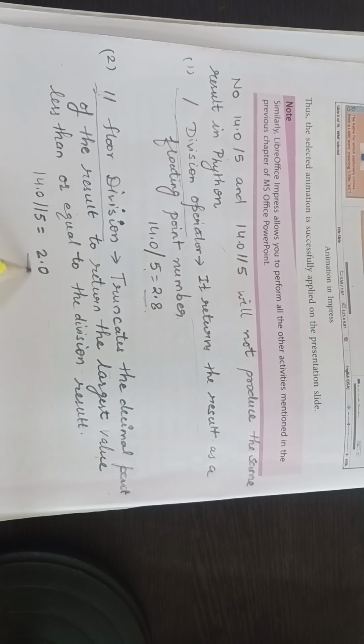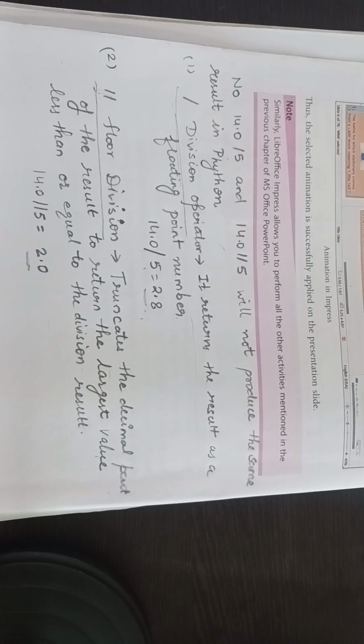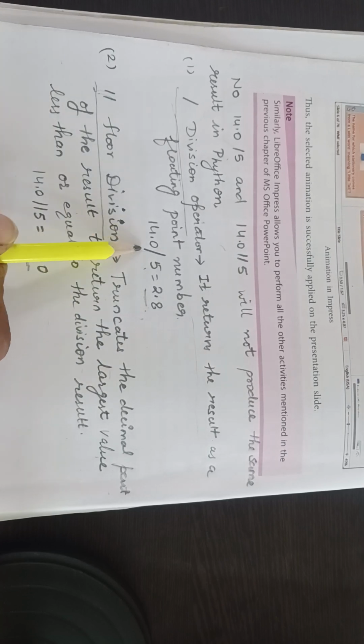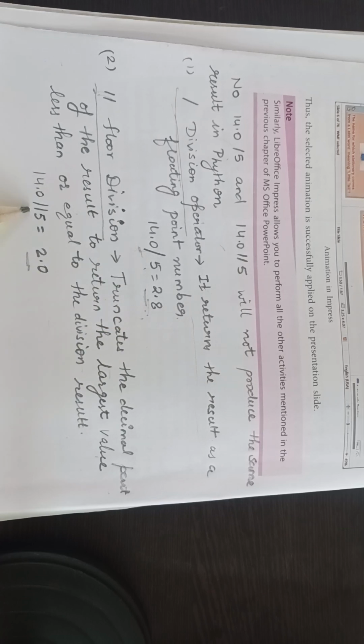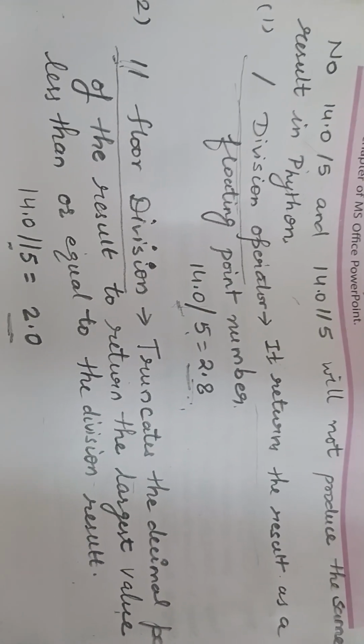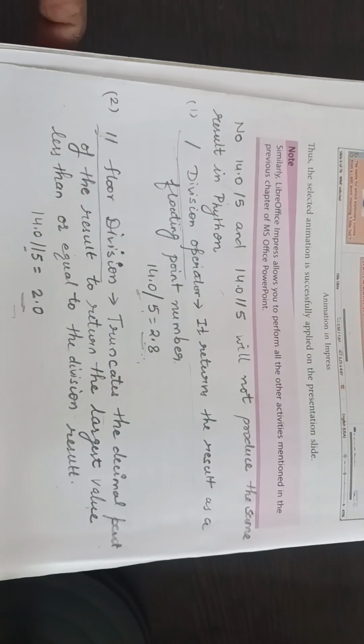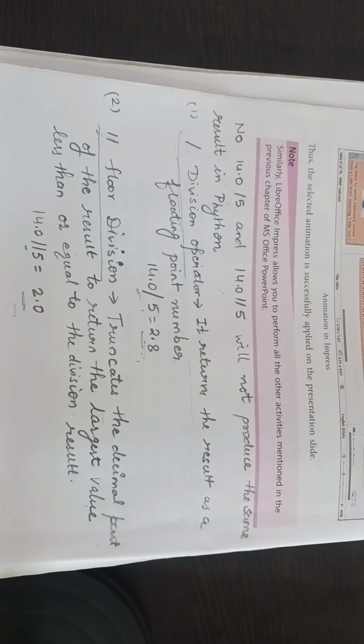So the answer will be 2, not 2.8. If you are using single division, then you will get 2.8. If you are using floor division, you will get 2. I thought you understood this topic. So write it down as I have written here.